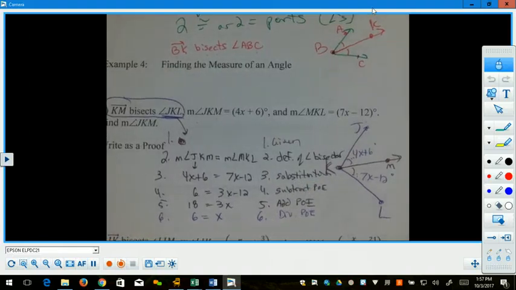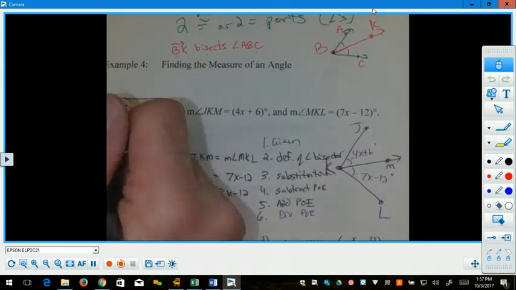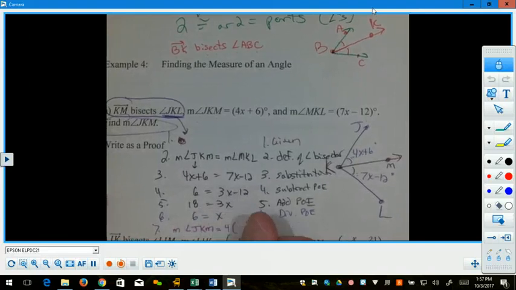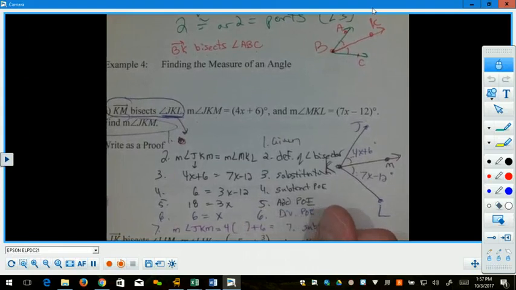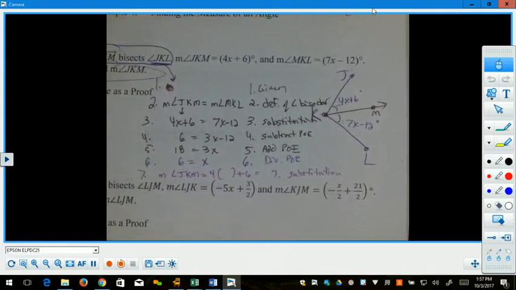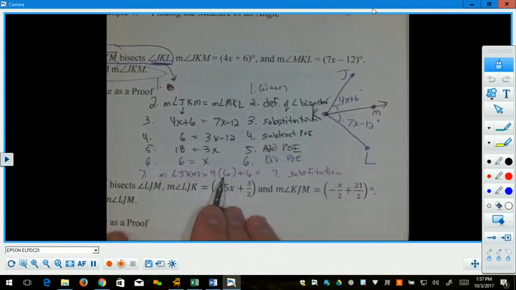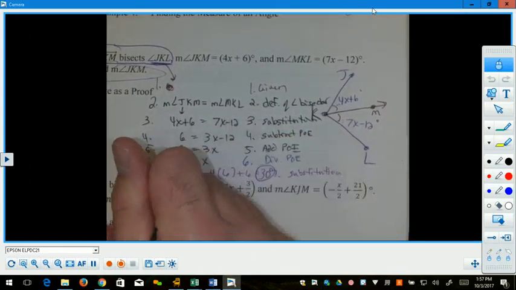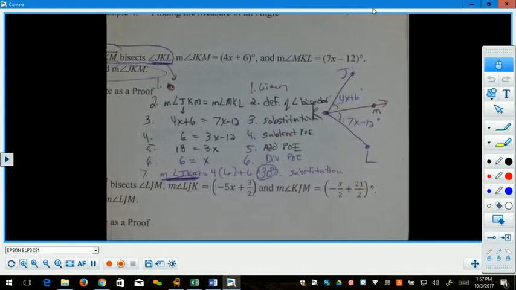And lastly, we're going to plug it back in to find what we were supposed to, the measure of angle JKM, which is the expression 4x plus 6. So we're going to use substitution to do this. And we're going to plug in our answer of 6. 4 times 6 is 24, plus 6 is 30. So the measure of JKM is 30 degrees.